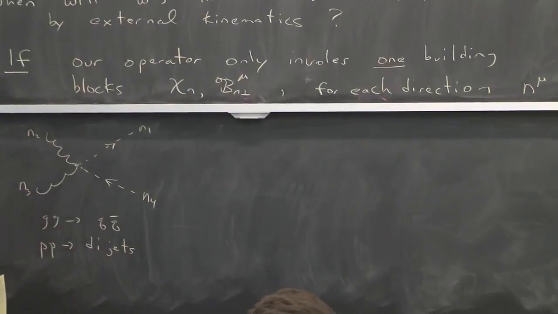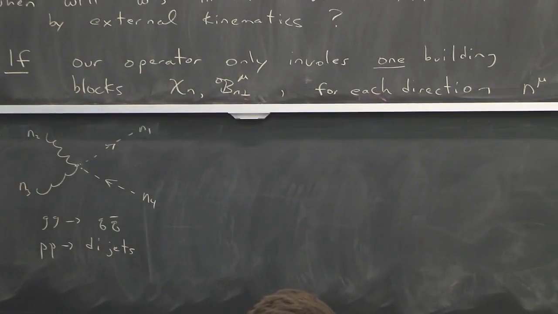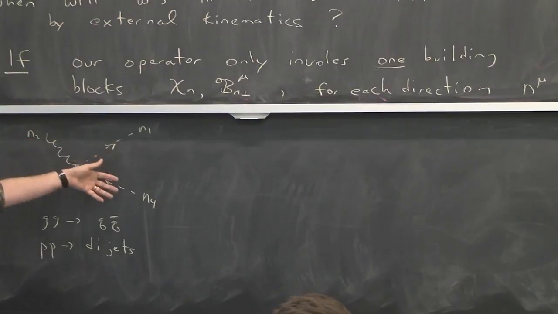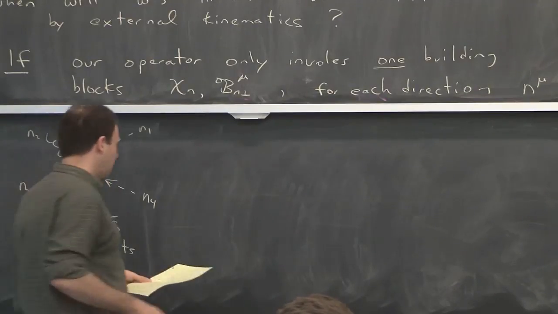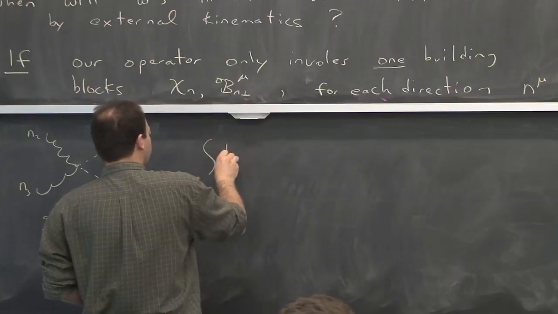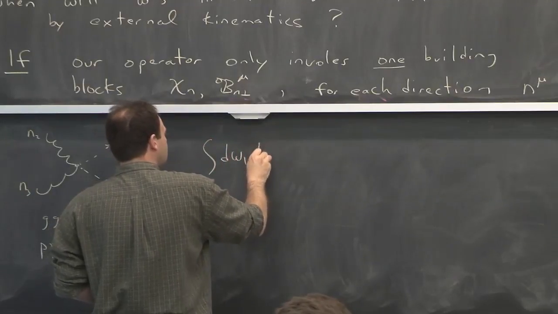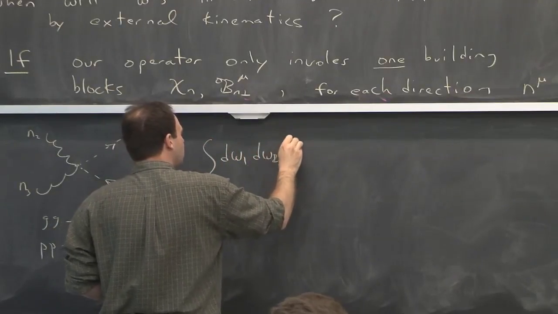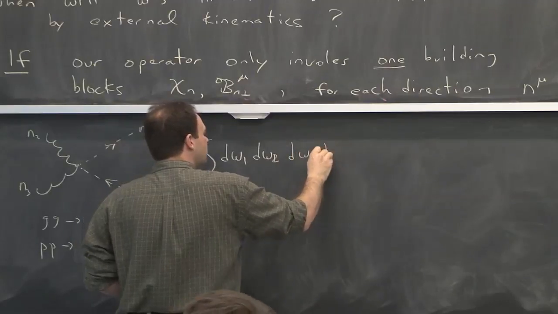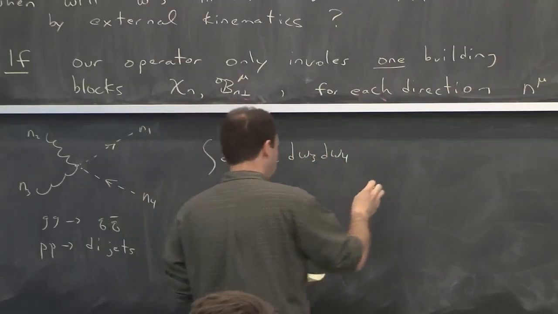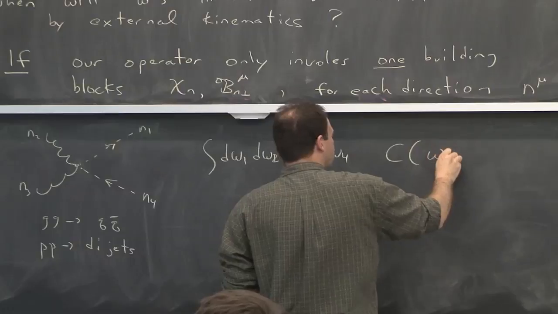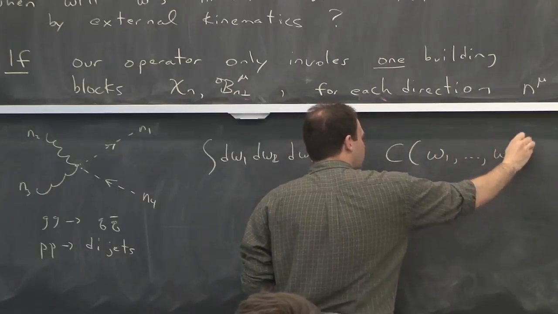As long as those dijets are well separated from the beam axis, which is the case we're interested in, then we have this situation where we have four different n's. And so what kind of operator would you write down for that? Well, you'd have dW1, dW2, dW3, dW4. You'd have a Wilson coefficient that could depend on four different W's.